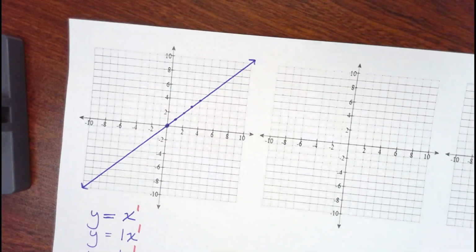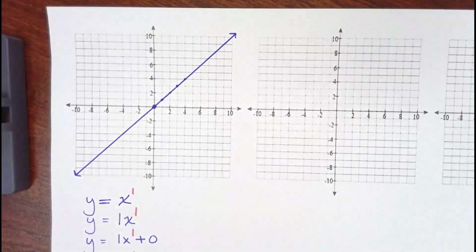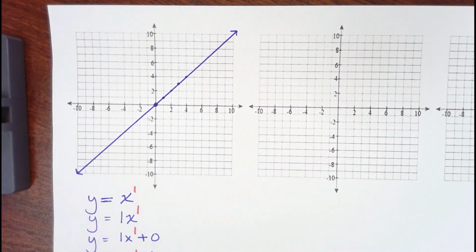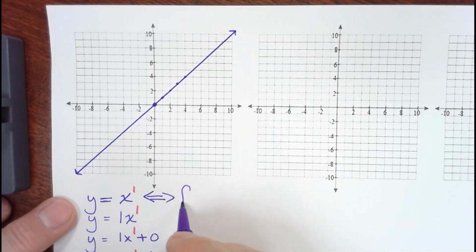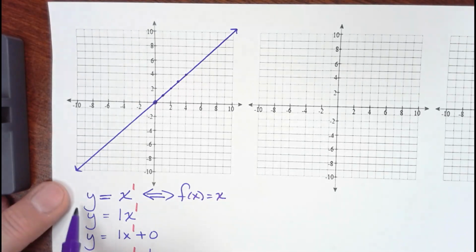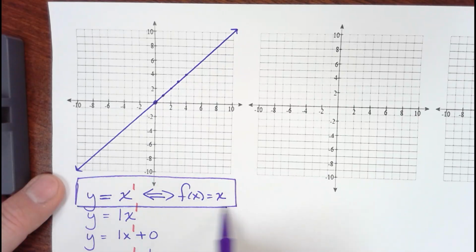It does pass the vertical line test. Each x has one and only one y value. So I can say this is the same thing as f of x equals x. y equals x, f of x equals x.